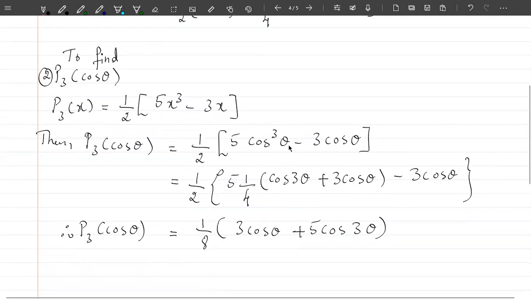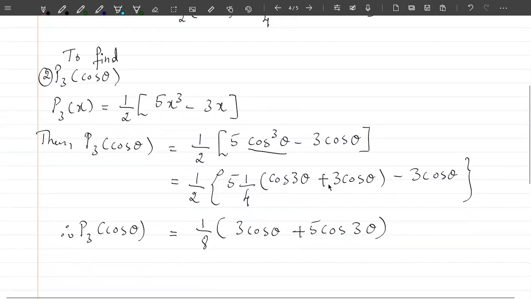Cos cube of theta is equal to 1 by 4 into cos 3 theta plus 3 cos theta. So here for cos cube theta, I have substituted this value, minus 3 cos theta.